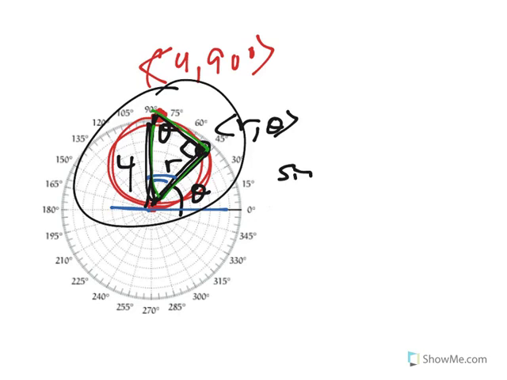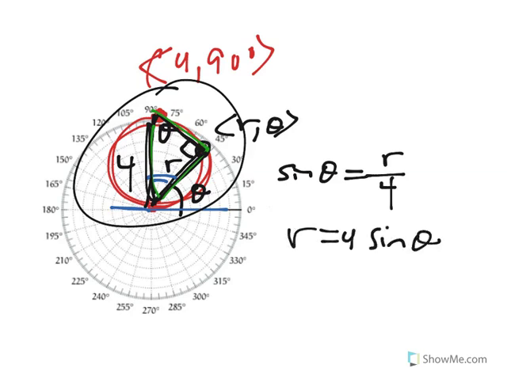So I can say sine theta equals r over 4, or r equals 4 sine theta. So that's pretty hard, the whole random r theta point, and then finding a triangle that has them both in it. But that's how that works.